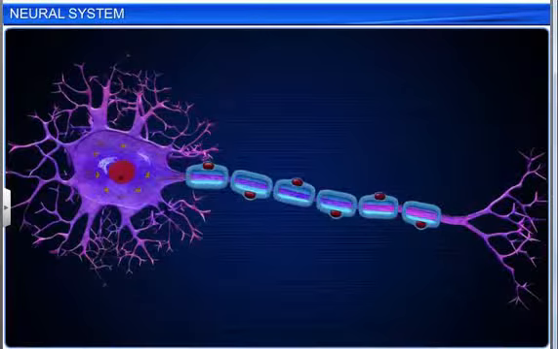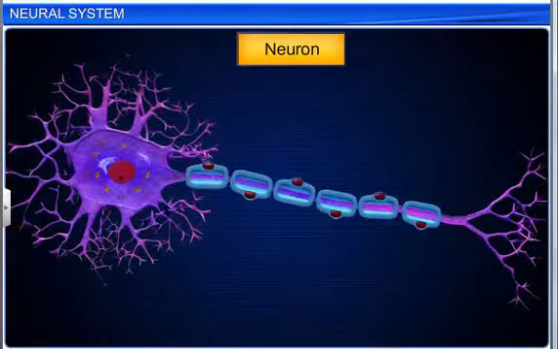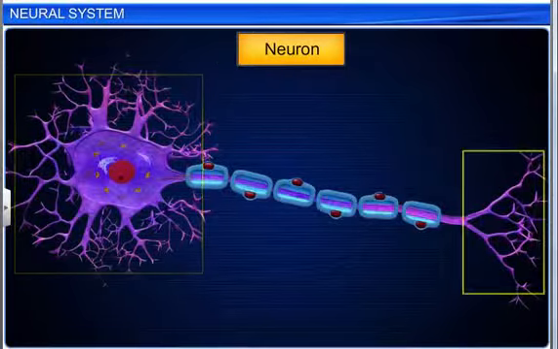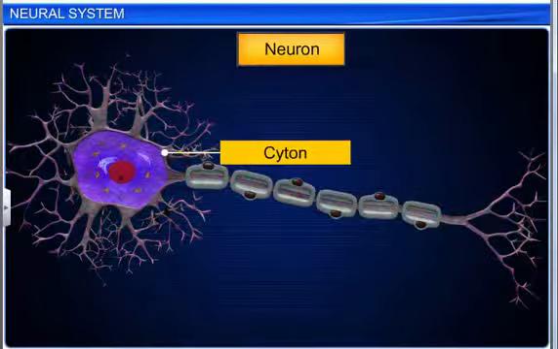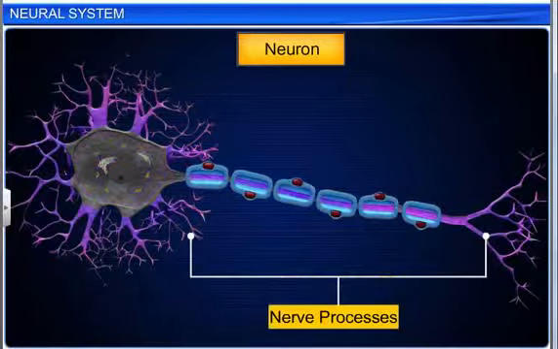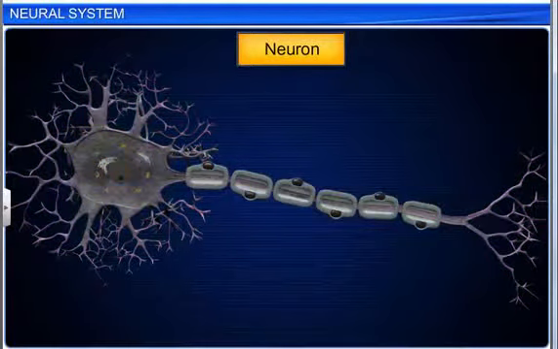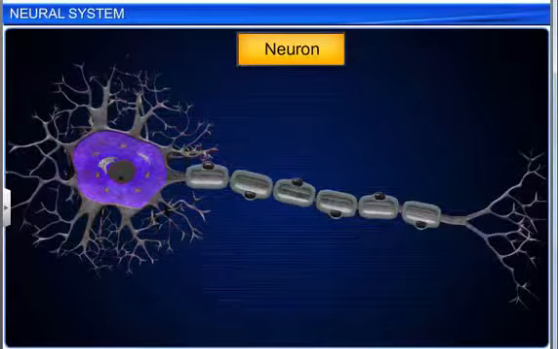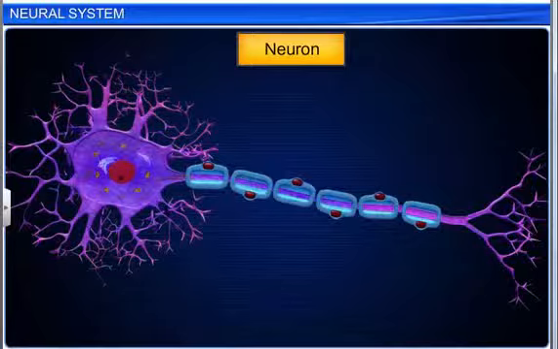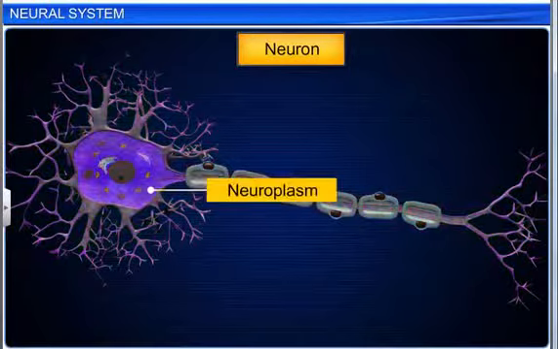Let's look at the structure and types of neurons now. A neuron is a branched nerve cell and is the longest cell in the body. The two main parts of a neuron are the cyton and nerve processes. The cyton is also called the soma or cell body. It contains granular cytoplasm, also called neuroplasm.